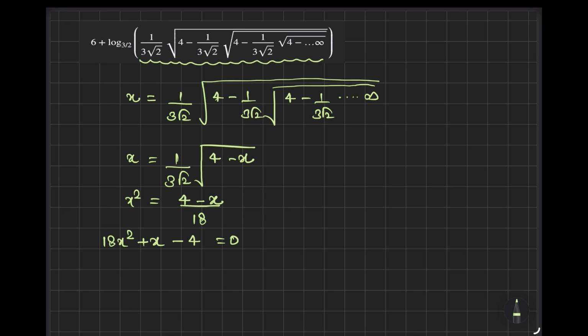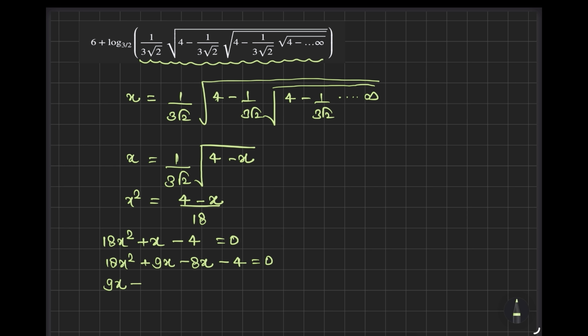Now, so it is 72. So 8 and 9, so 18x square plus 9x minus 8x minus 4 equals 0. Now I will take common, I will do the factorization.